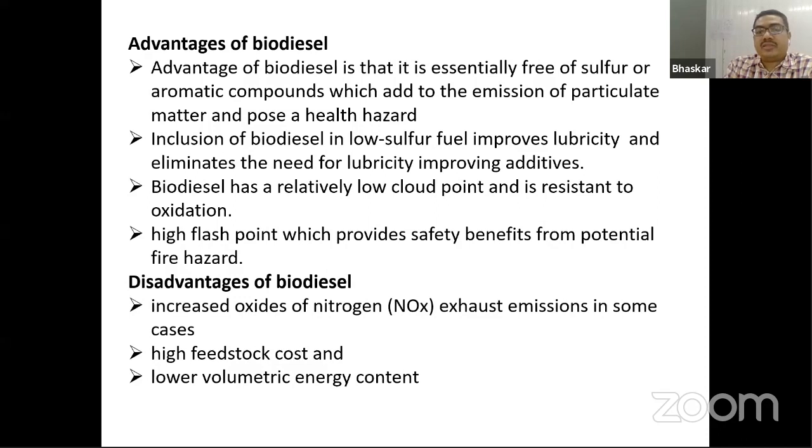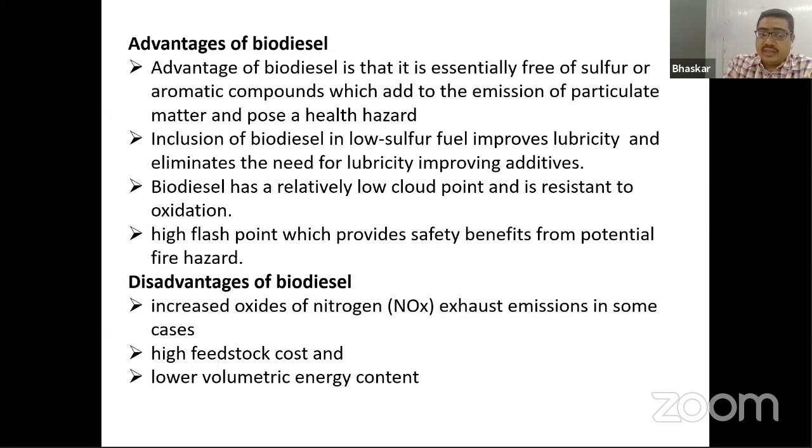The major one is the increased emission of NOx, which is a major issue. It's a primary pollutant. It can also lead to formation of secondary pollutants like photochemical oxidants and photochemical smog. So research is needed to reduce this generation of NOx.